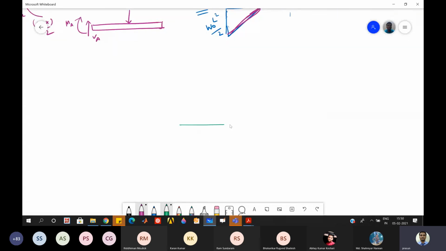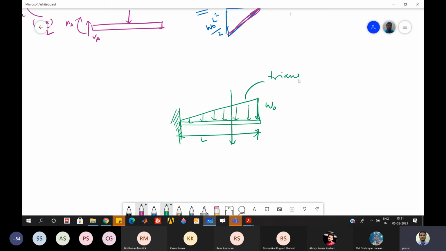So if you have some load like this, let us say this is the load, then the equivalent force will be the total weight. So if this is W0 at the end, and this is L, let us say this is a cantilever beam with a triangular variation.